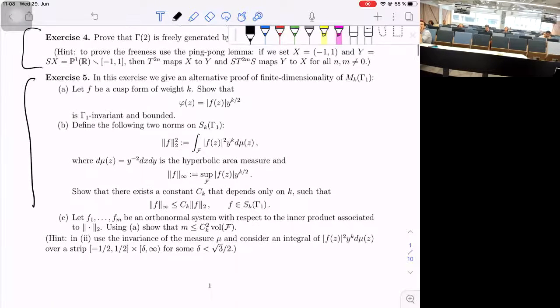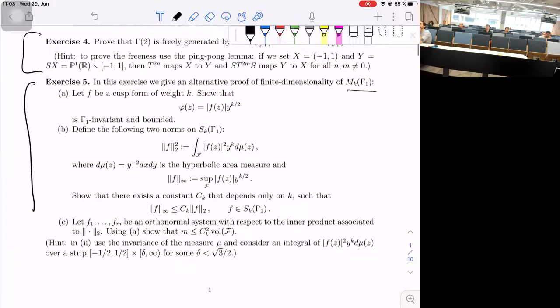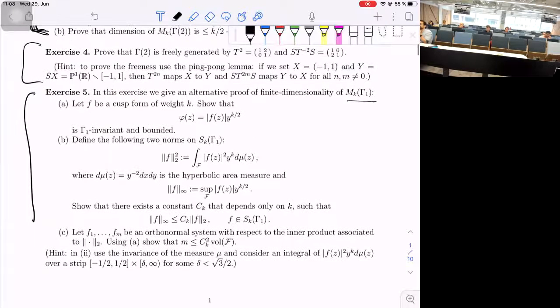It's a fairly long one, and is, I guess, a bit more on the analytic side of things. But it's supposed to give an ultimate proof that the space of modular forms is finite dimensional. I'll let him say something about that. And thanks.